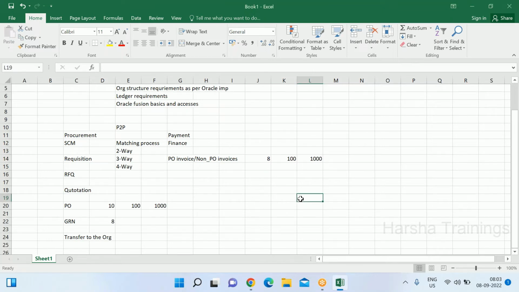I have one doubt. Just now you told us in GRN we received 8, but we billed 10, so there is a variation between PO and invoice of 2. You told us AR needs to raise a credit memo for 2. But we have one scenario here on the AP side: the person working on GRN needs to work with the OTR team, order to remittance.